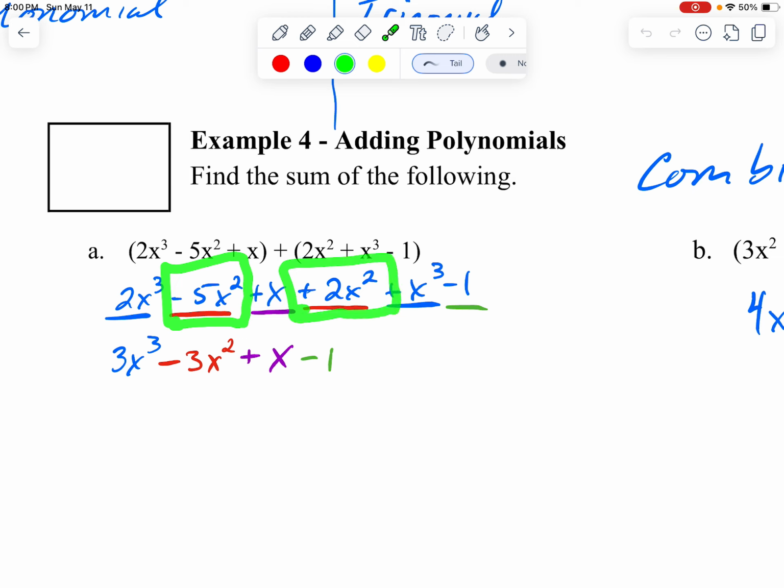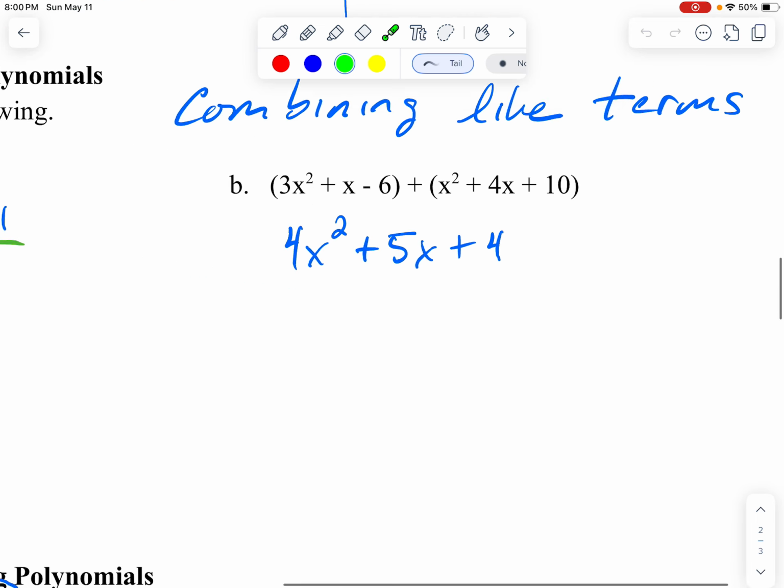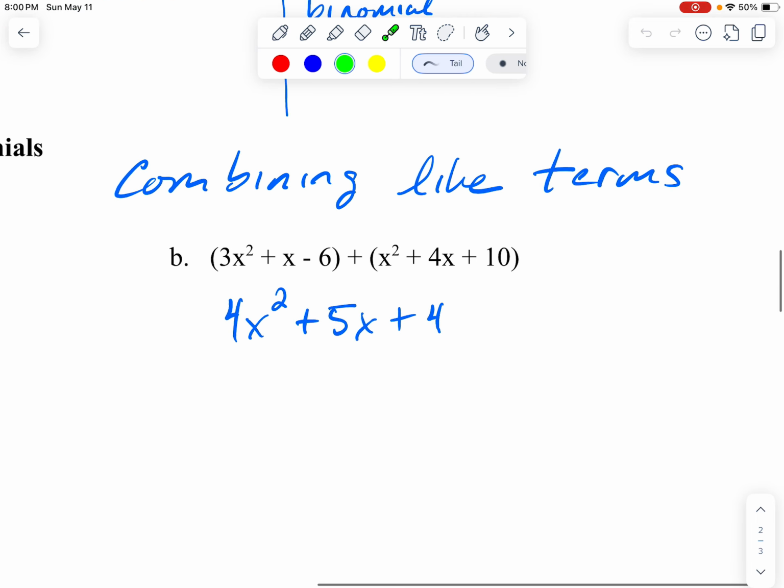If I combine those, I would end up with a total of negative 3x squared. I've only got the one first degree term, so that just stays. And then I've got one 0 degree term, so that stays as well. Again, the second one, I would try that one on your own, and then come back and check here. And here's what you would end up with in that second example.